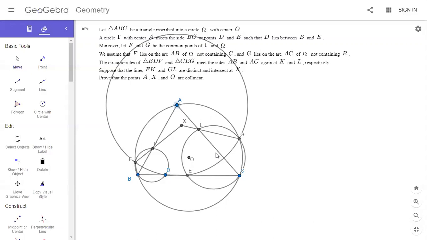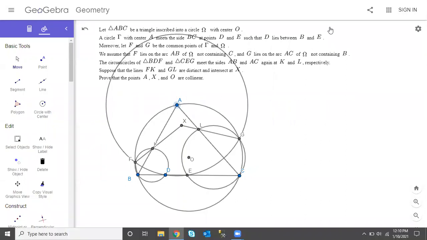So if we can show angle OFX is equal to angle OGX, that would solve the problem. If the problem is true, then XFG is isosceles. If we can show XFG is isosceles, that would solve the problem.